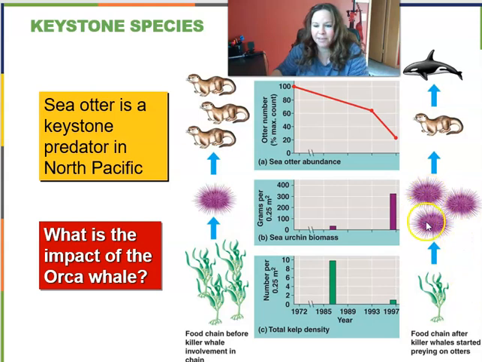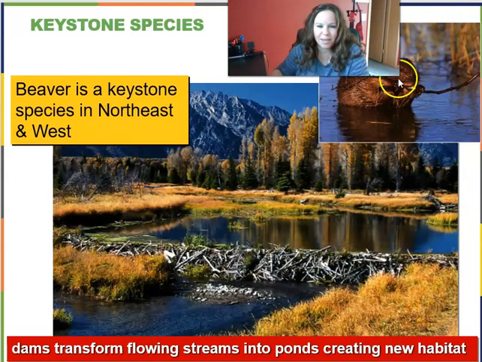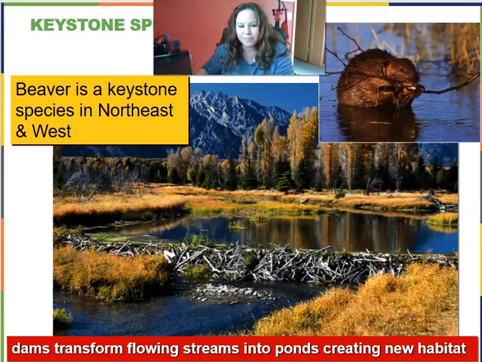Somebody has to keep these urchins under control. The beaver, a keystone species of the Northeast and West. Their dams will transform flowing streams into ponds, creating many new habitats, therefore increasing biodiversity.